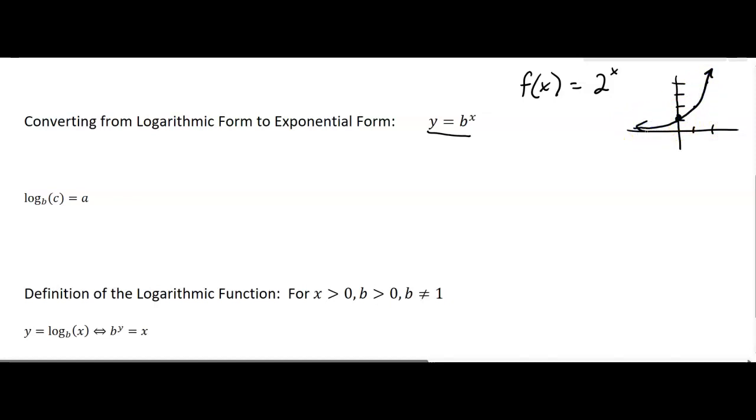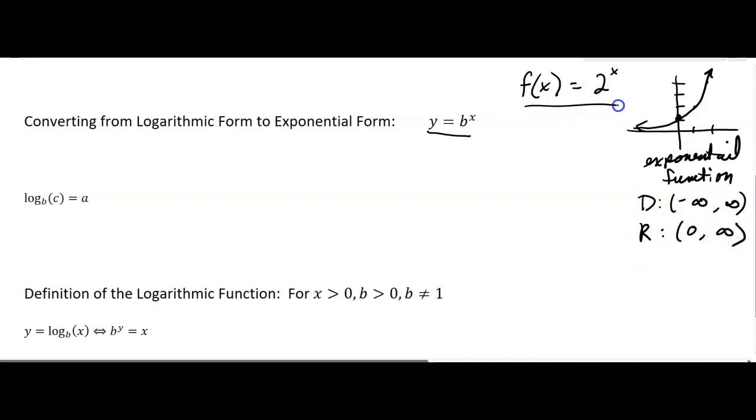So this is an exponential function, and that's what it looked like when we graphed it. And we said the domain was all real numbers, and the range was 0 to infinity, okay? And it looked like this.